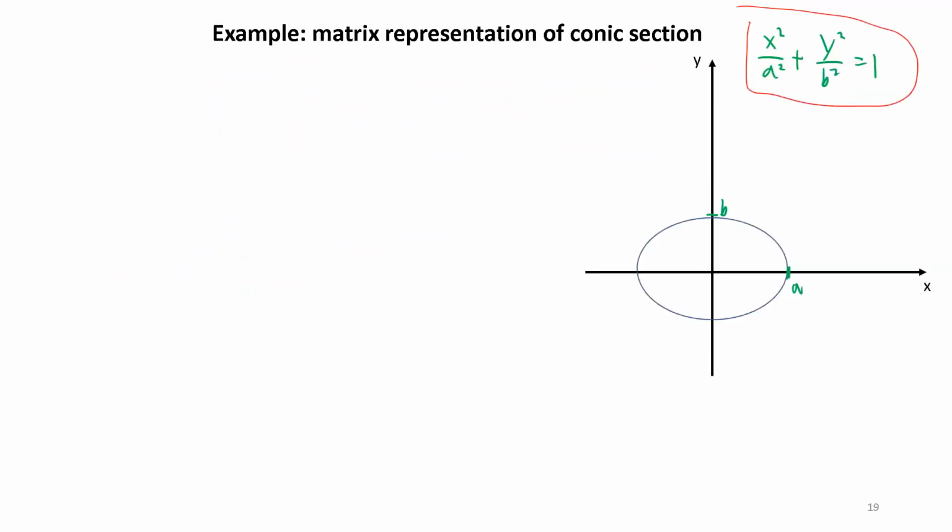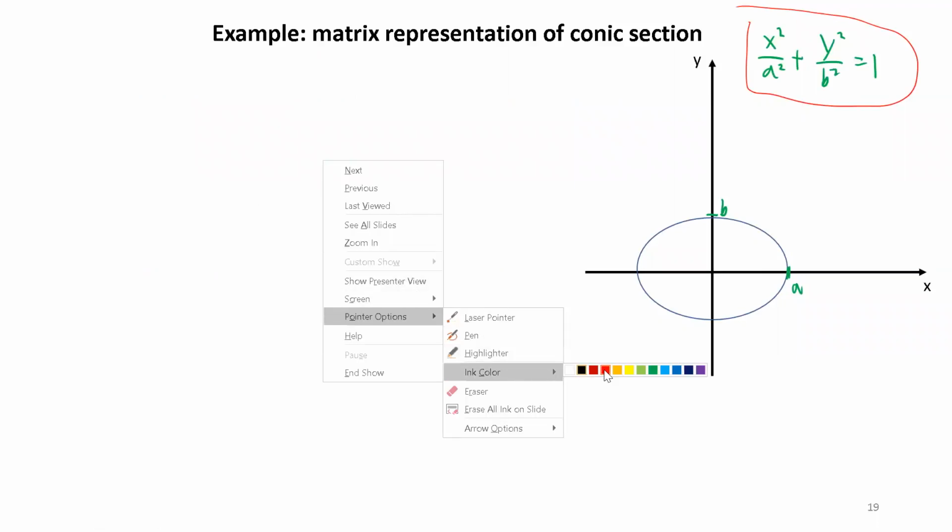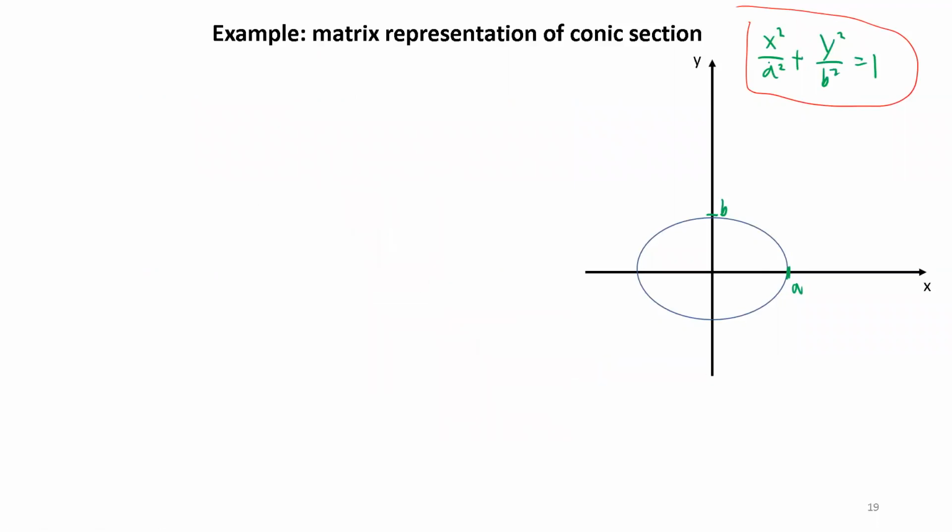So you realize that the left-hand side of this equation can be written like this. Right. So, and that is equal to 1. So this ellipse equation, or you can imagine other conic shape equation, can be written as this matrix form like this.